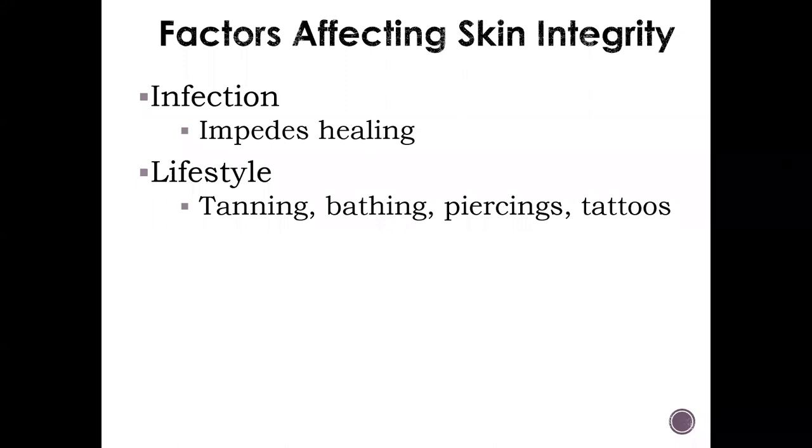Bathing can involve water that is too hot or over-drying soaps. Both of those can lead to the removal of the oils that protect our skin, or if you become too moist, you can have that maceration again. And then body piercings and tattoos, which place you at risk for infection and scarring.